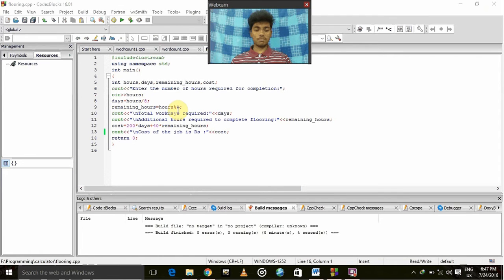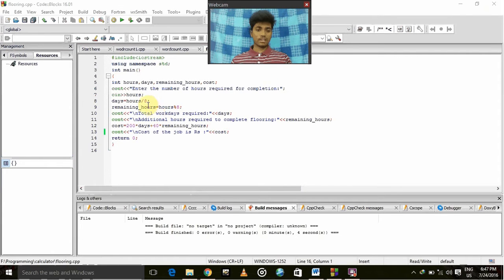That would give the remaining hours which is required to complete the work. Since the data type is integer, we will not get any decimal point or fraction. We would get a whole number in case of the complete work days, and the remaining part would be mentioned in the remaining hours.